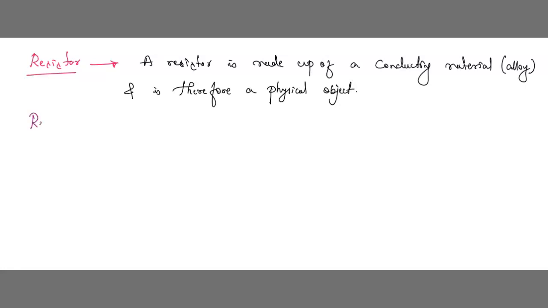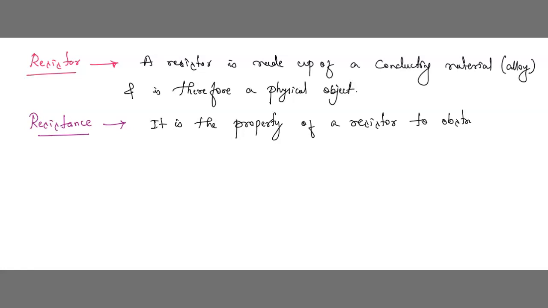Then what is resistance? Resistance is nothing but a property of a resistor to obstruct the flow of current passing through it, meaning it will block the flow of current passing through it.